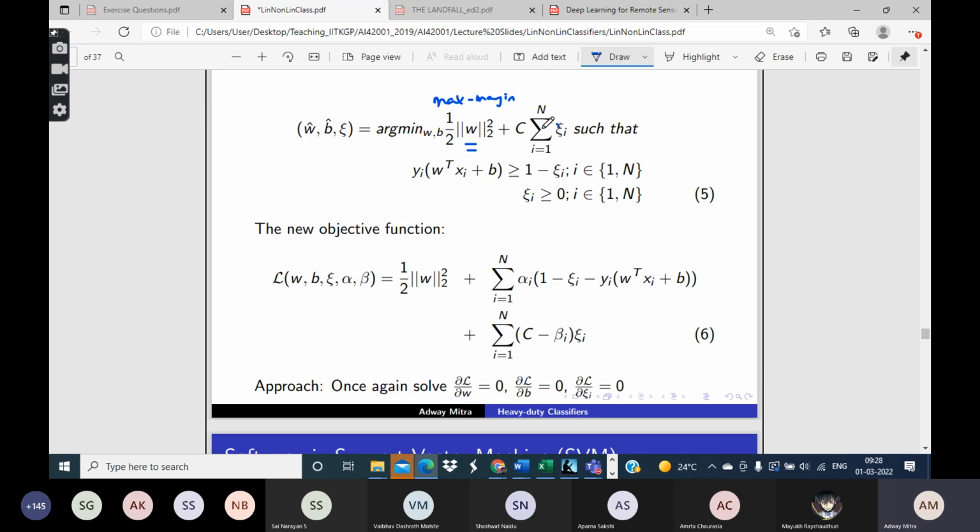So this is, in a sense, not really trying to minimize the number of misclassified points, but actually trying to minimize the total margin of misclassification. But it's still used as a proxy term because it is easier to deal with mathematically.